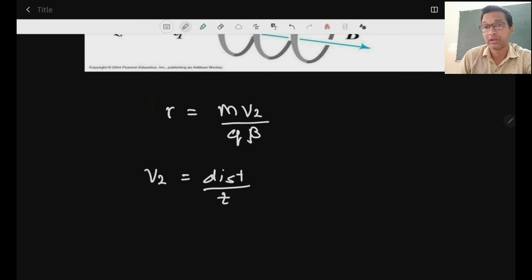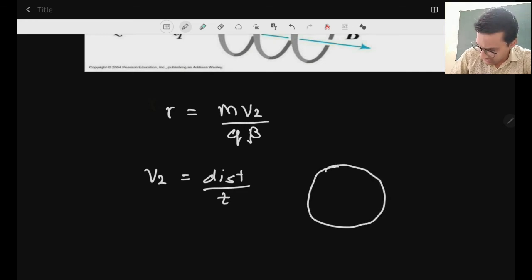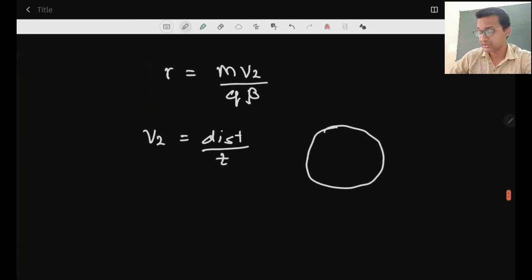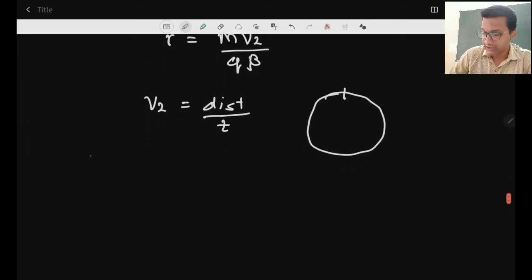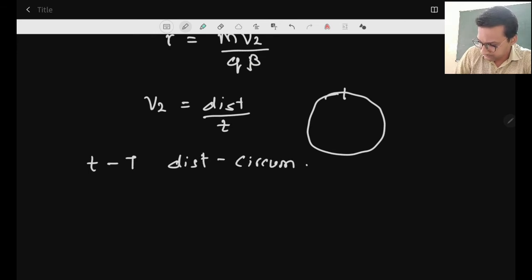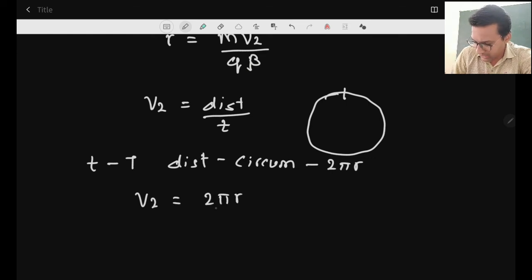and let us divide it by time. Now because it is rotating in circles, we can find the time required to complete these circles. Let us say the time required to complete this circle is capital T. Then the distance will be nothing but the circumference, that is 2 pi r, and then V2 will be equal to 2 pi r divided by capital T, where T is the time required to complete one circle.